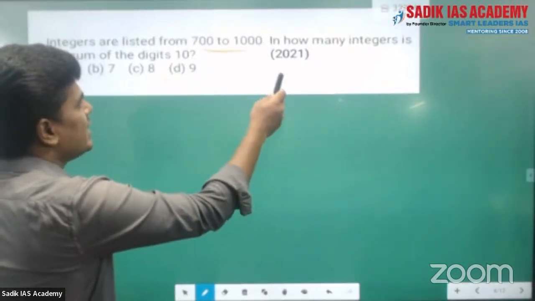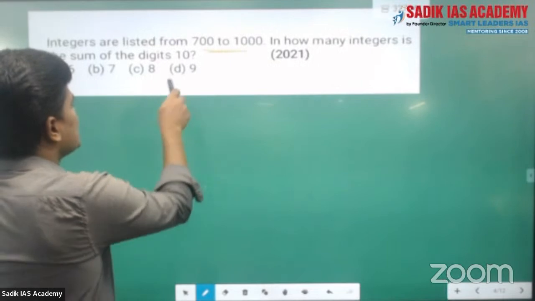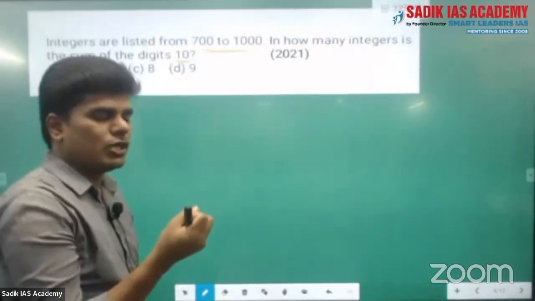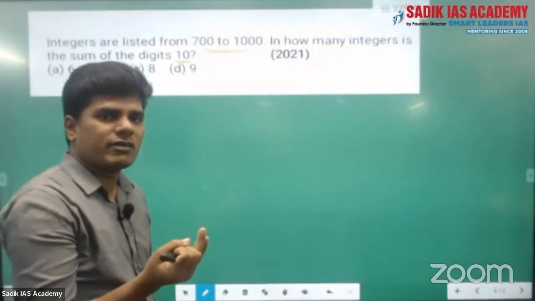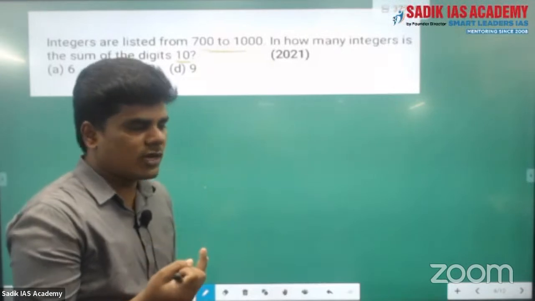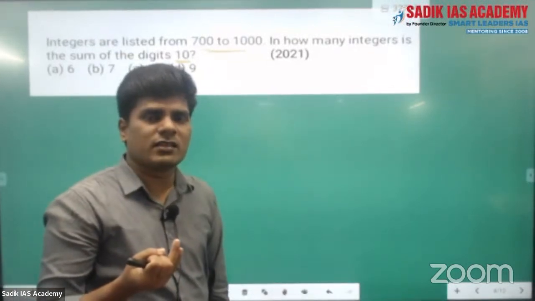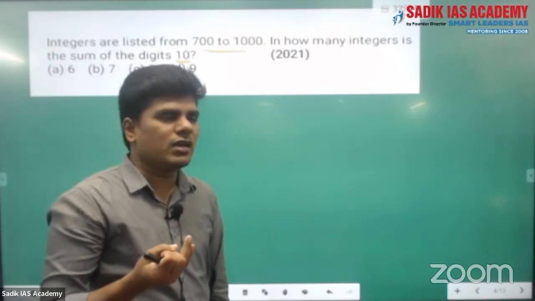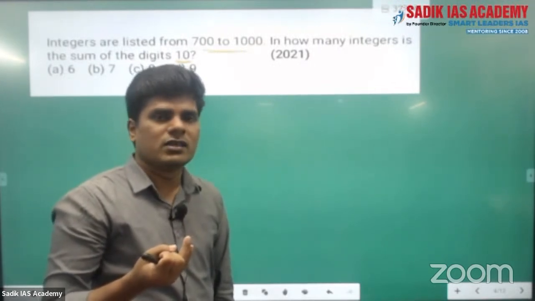In how many integers is the sum of digits 10? It is just your understanding. You don't require a formula or any shortcuts. People used to say shortcuts in maths, but for your information, in maths literature there is nothing called shortcuts. They are alternative methods.